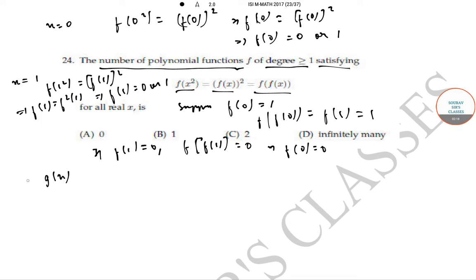Now let g(x) is equal to f(x squared). Therefore g dash x is equal to 2x into f dash (x squared).